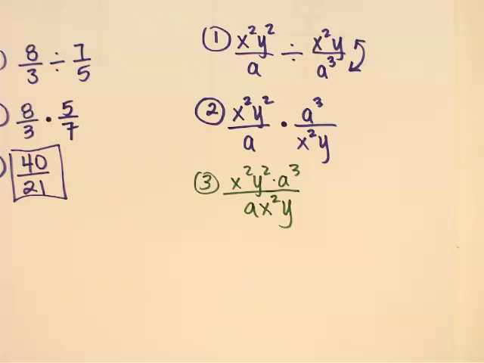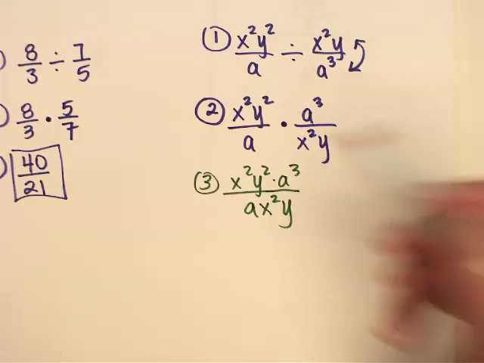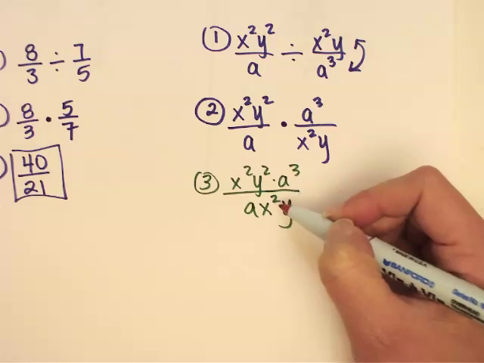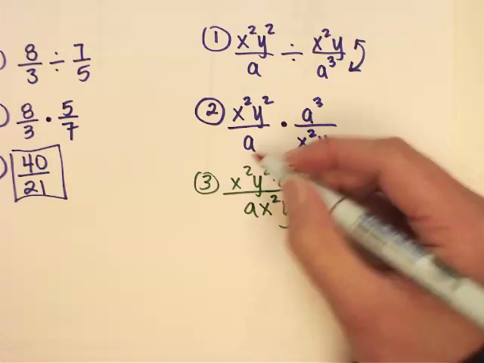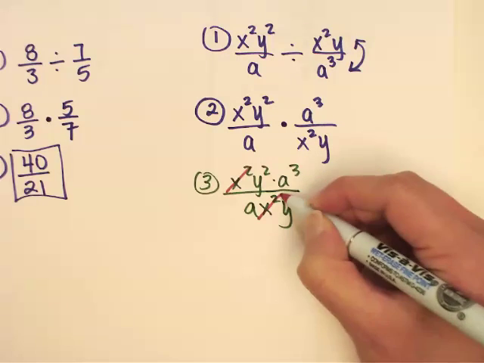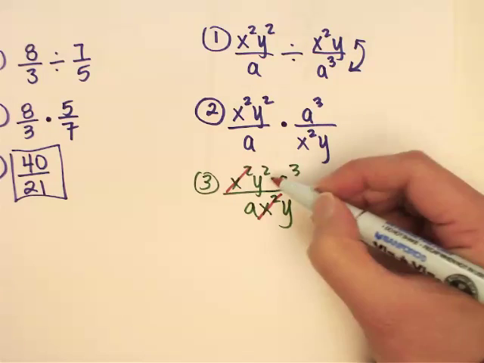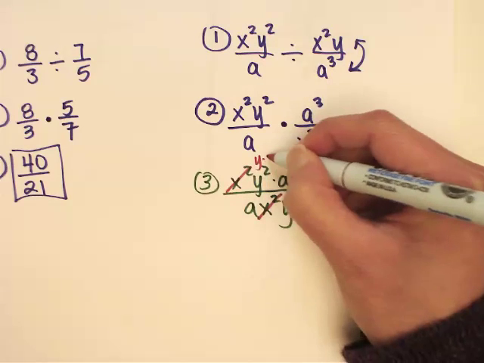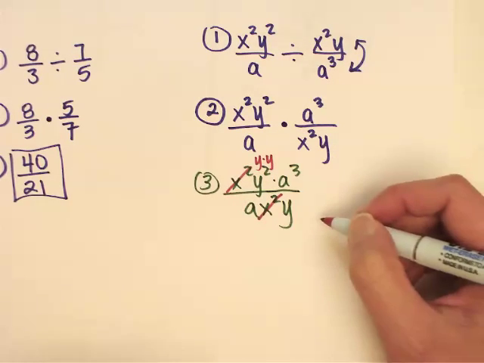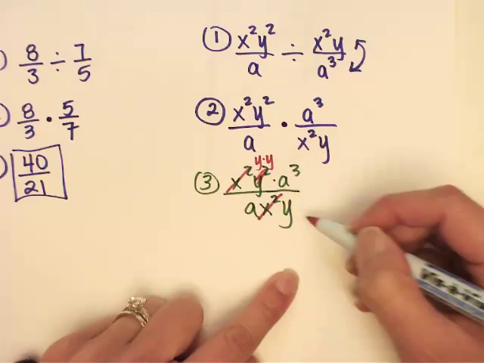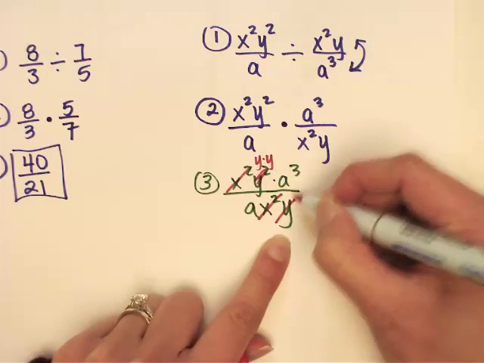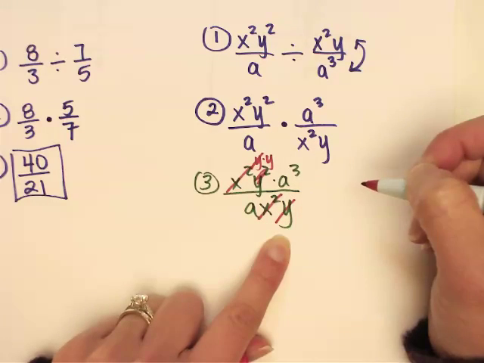You'll note that there's an x squared in both the numerator and denominator, so we can cancel that out. I'm going to rewrite this as y times y since we have two y's here. Note that since we have one y in the denominator and two in the numerator, we can cancel one and one, so that leaves us with one y still.